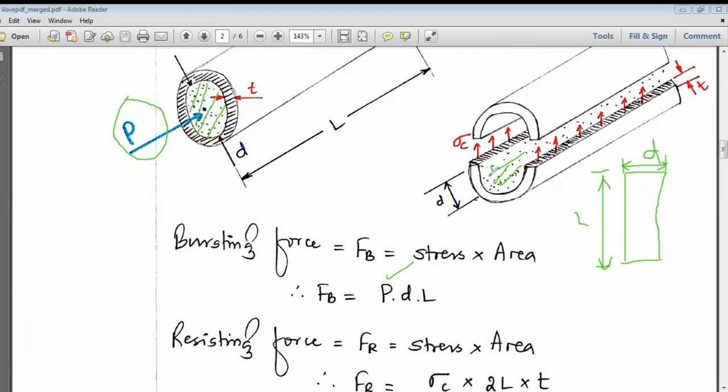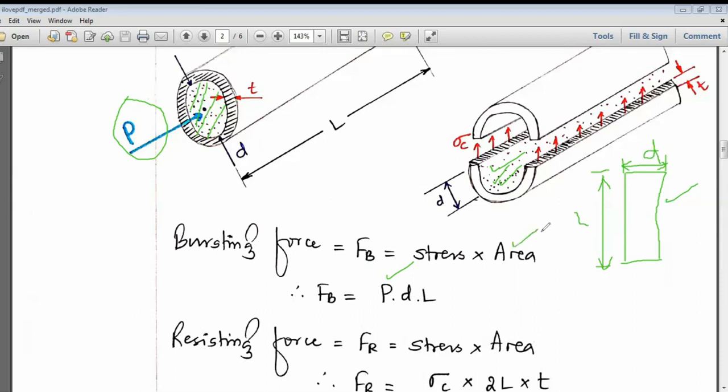But this area marked in green, from the top view, is a rectangle. We call it the projected area, or the exposed area, which is exposed to the fluid. The stress is the pressure P, because pressure P is trying to burst the cylinder.